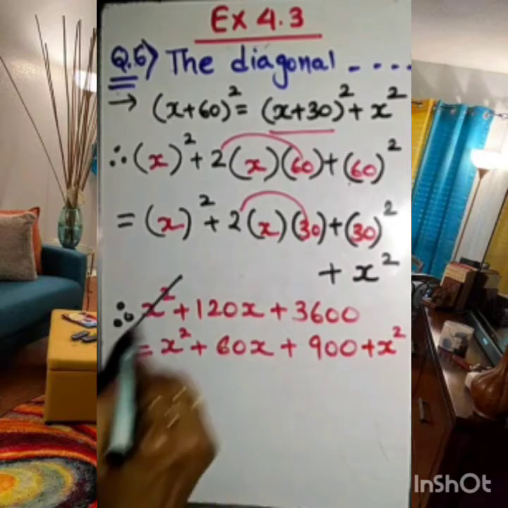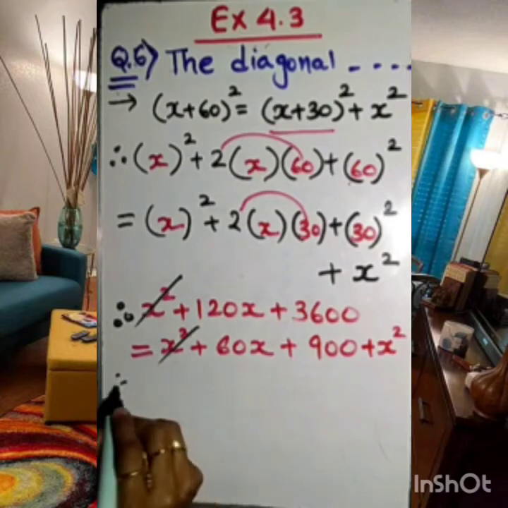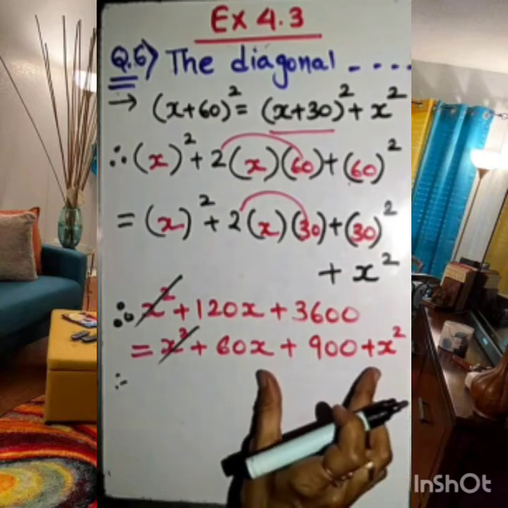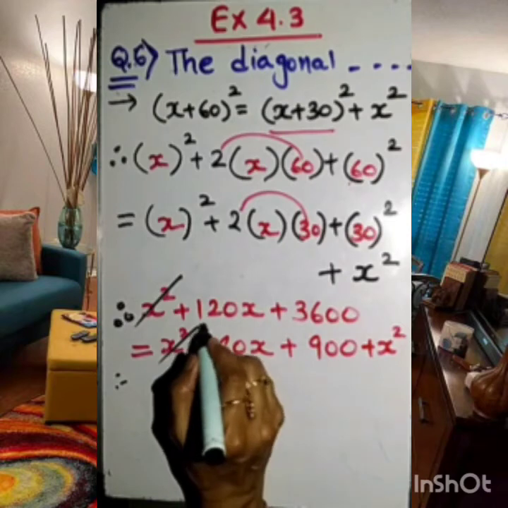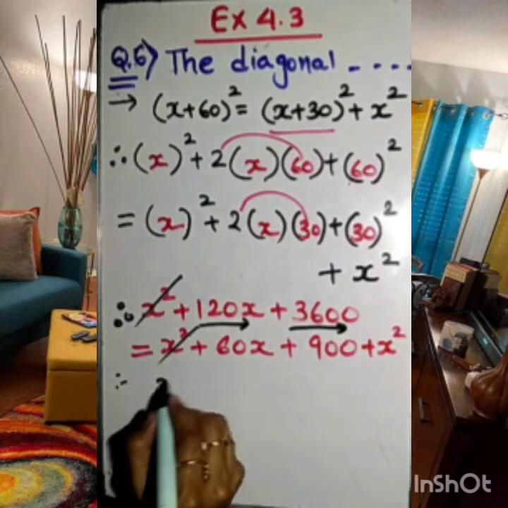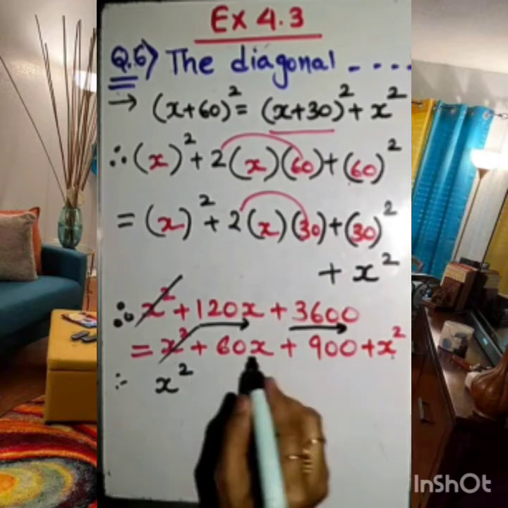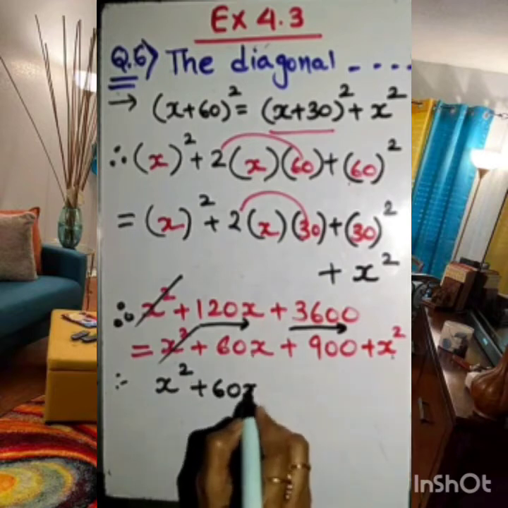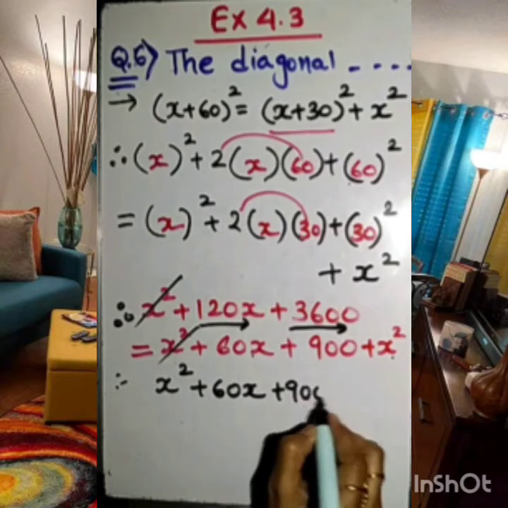So I am simplifying this. Let me bring this x square, whatever terms are given, let it be as it is. I am transposing these two terms to the right side. So I should have x square plus 60x plus 900 already on the right side.